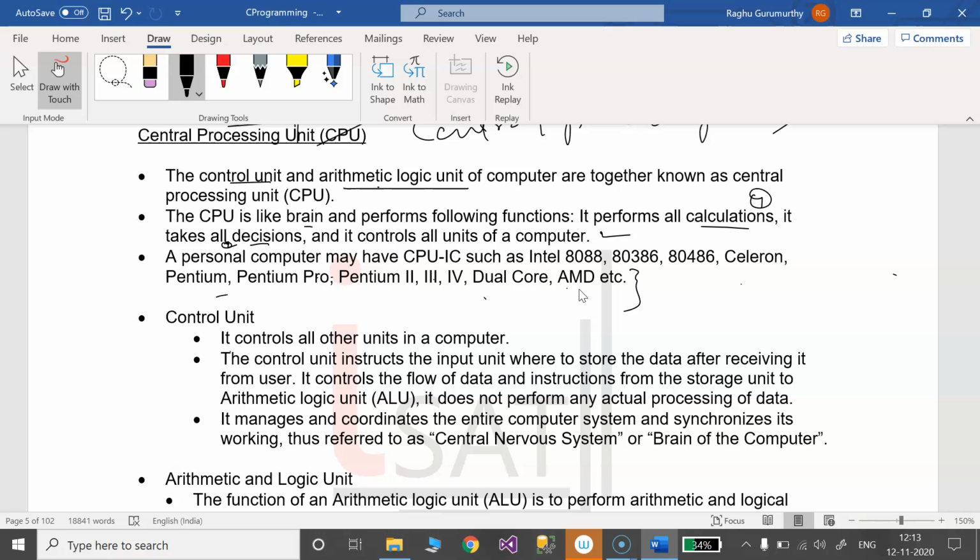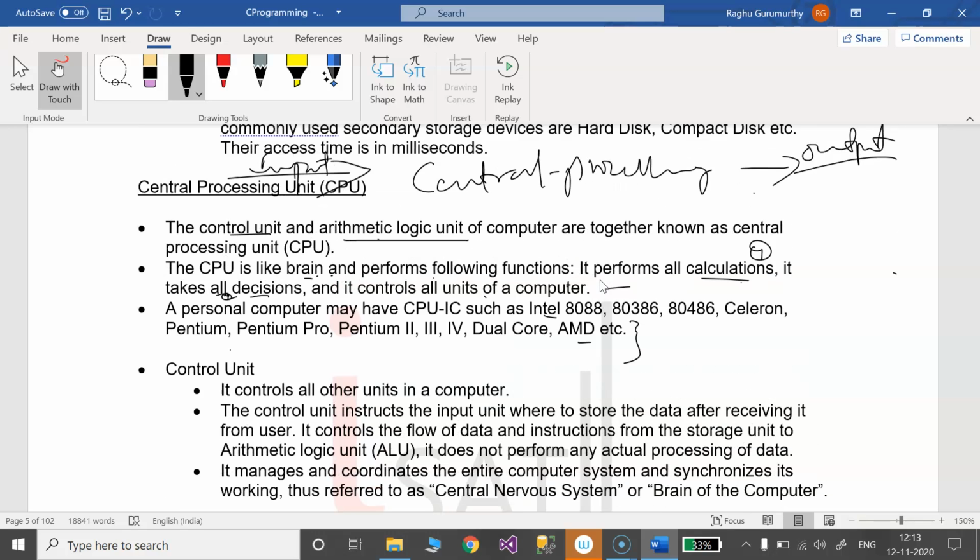Actually, mainly two companies provide processors, of course many other companies are also available, out of which Intel and AMD make the mark. With respect to Intel, we have Intel 8088 and some other 8 series. After this we have the Pentium series, Pentium 3, 4, 5, then dual core, and now the thing has changed: i3, i5, i9, i7. These are the different processors we have.